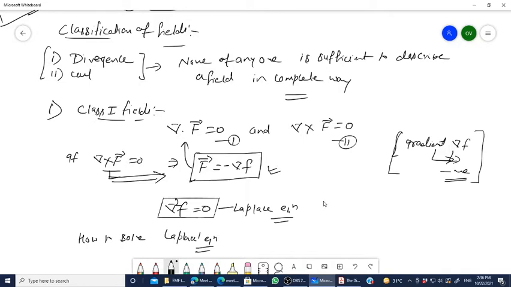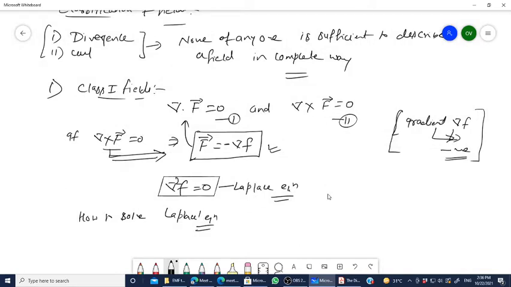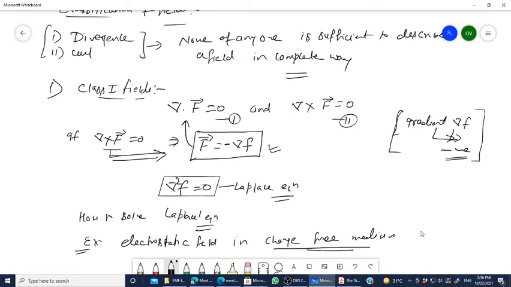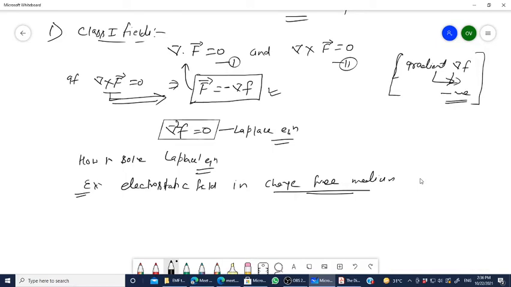And remember, we have already seen the example. The example was the electrostatic field in a charge free medium. Remember, it is very important. The question may be asked.